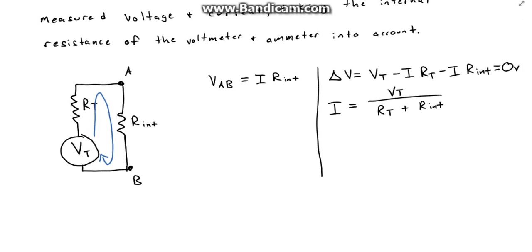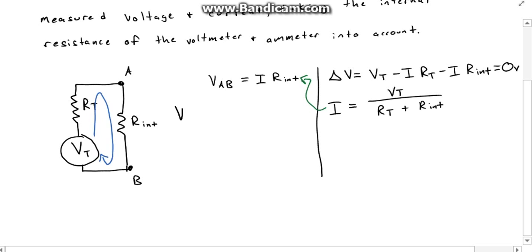Now taking that expression and plugging it into this equation over here on the left, we see that the voltage between points A and B is equal to the Thevenin voltage times the internal resistance of the voltmeter divided by the internal resistance of the voltmeter plus the Thevenin resistance. So we get this expression right here.